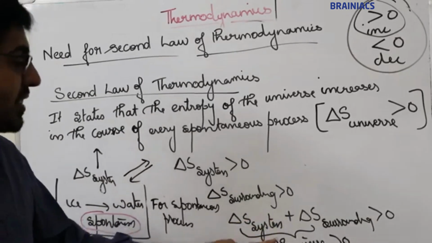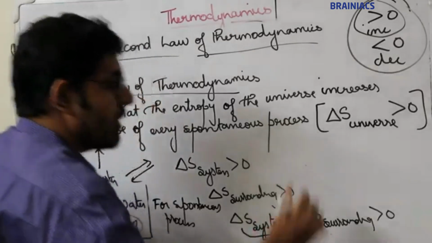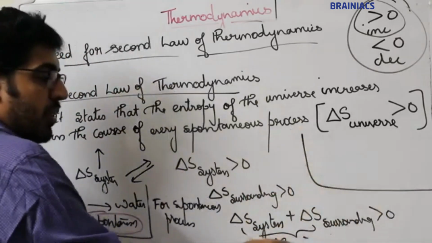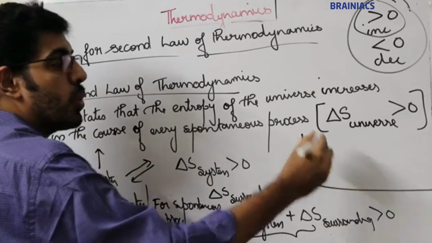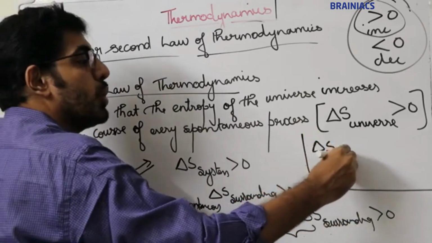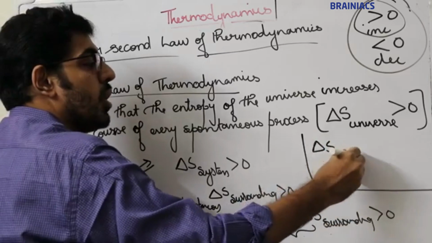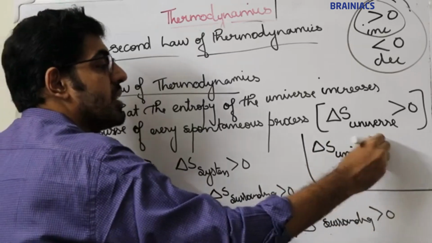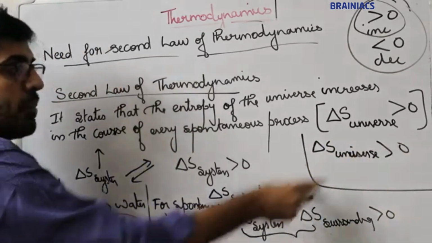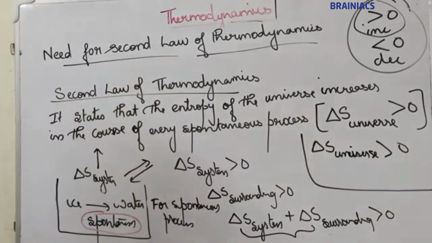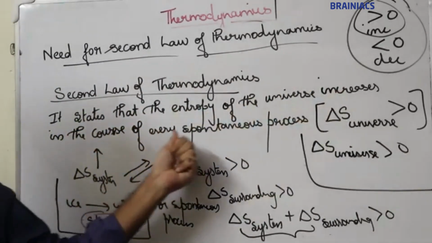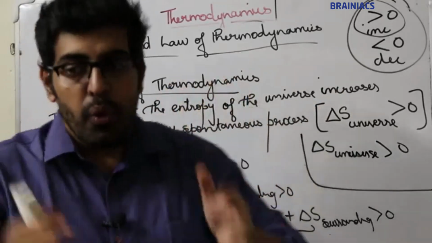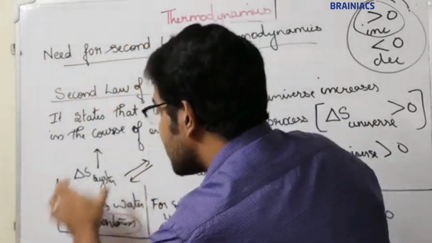Entropy of universe increases. System plus surrounding is universe. I am writing here. What is system plus surrounding? System plus surrounding means universe. That means entropy of universe greater than 0. So it states that entropy of the universe increases for every spontaneous process. We are conducting a spontaneous process in our system.